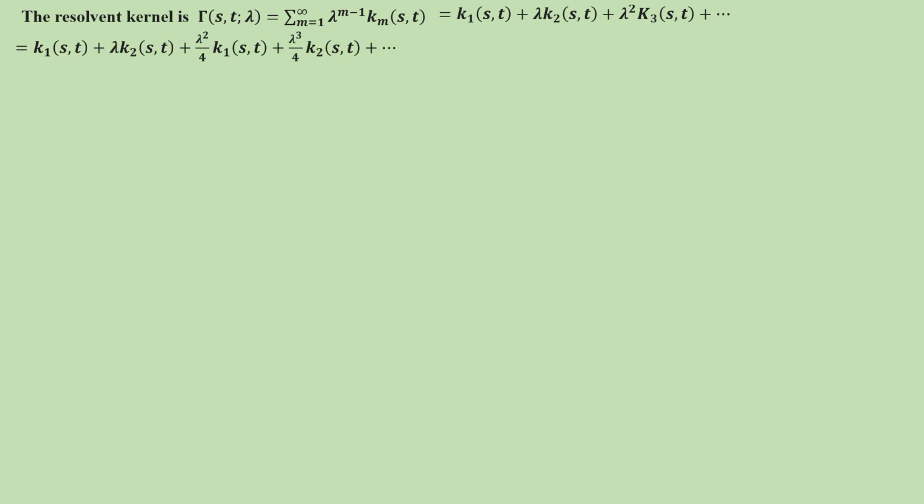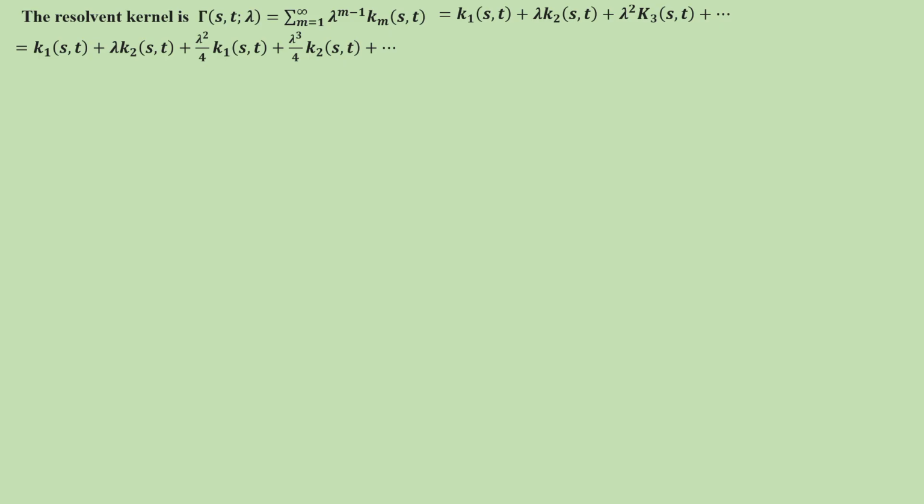So put m equal to 1, 2, 3, and write it in the summation and substitute the values of k1 of s comma t, k2 of s comma t, etc, right?